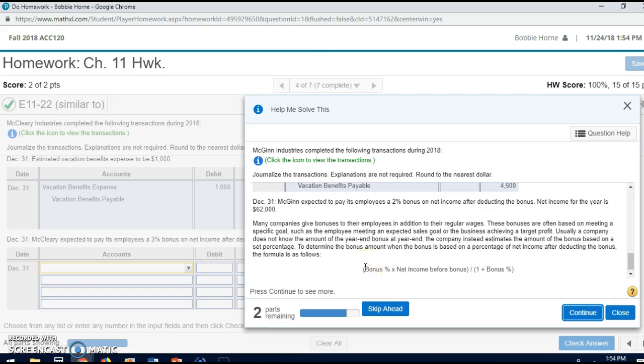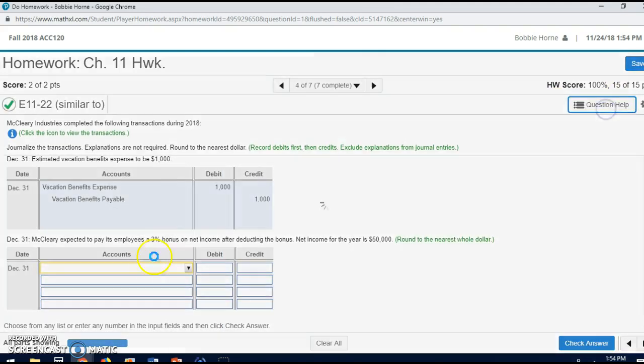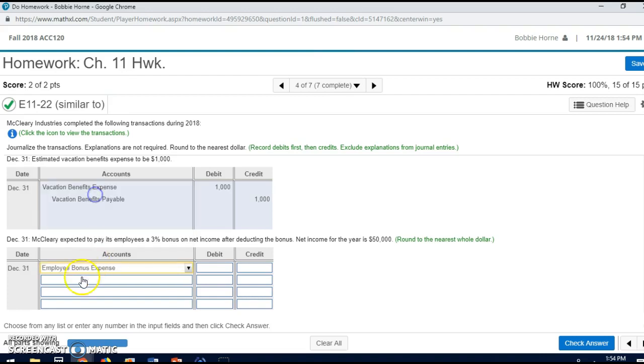So the bonus percent is 0.03 times the net income before the bonus, which was $50,000, divided by 1 plus the bonus, so 1.03, would be $1,456. And this is the employee bonus expense, employee bonus payable for $1,456.